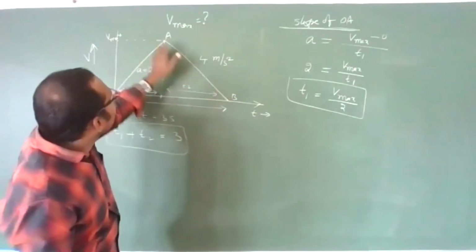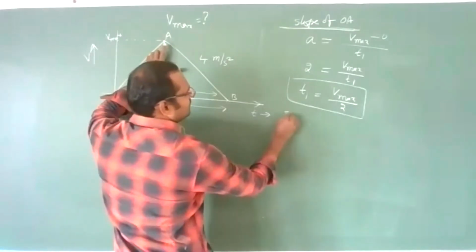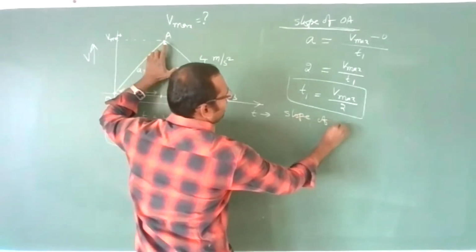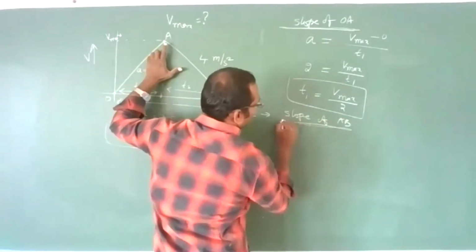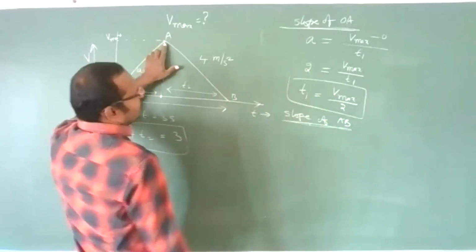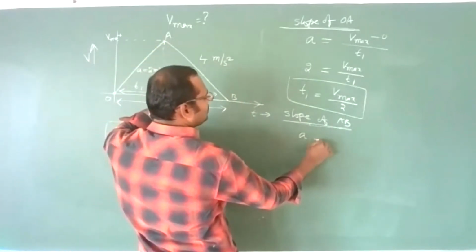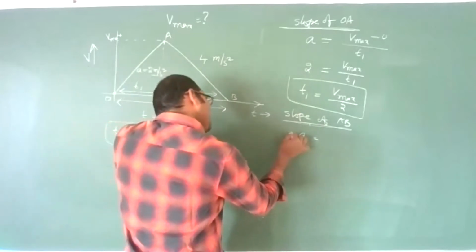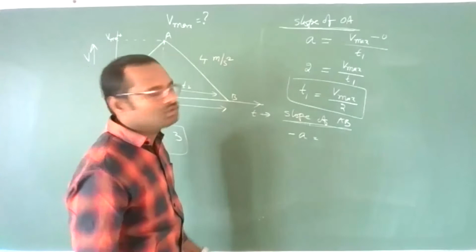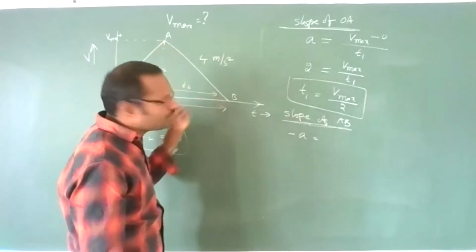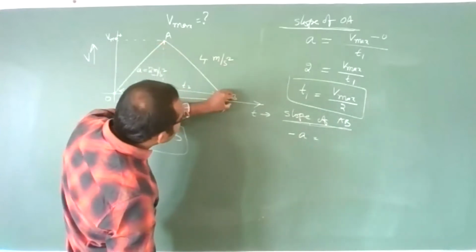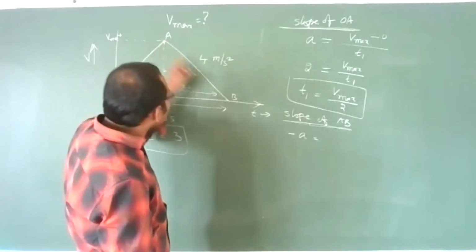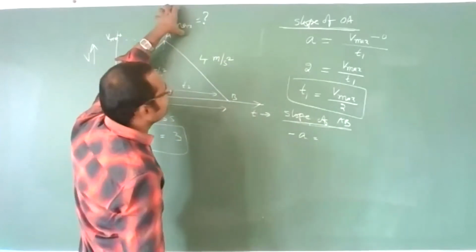Next, slope of AB find. Slope of AB, what will you get? You will get again acceleration, slope gives you acceleration, that too deceleration. Negative slope it is. So final velocity is 0, initial velocity is V maximum.